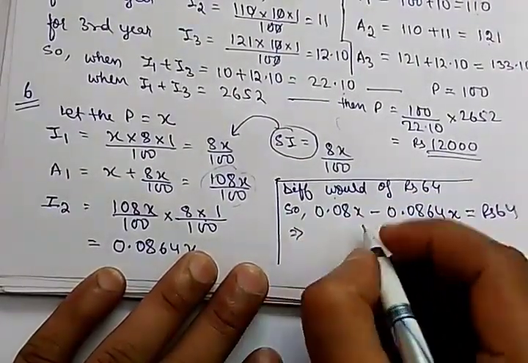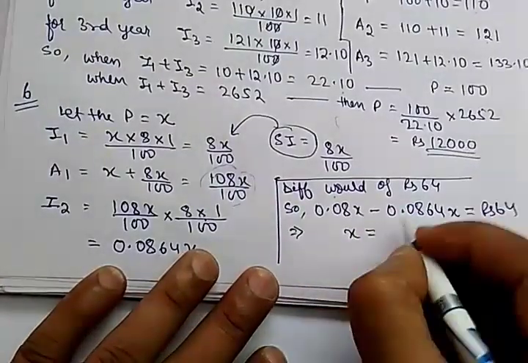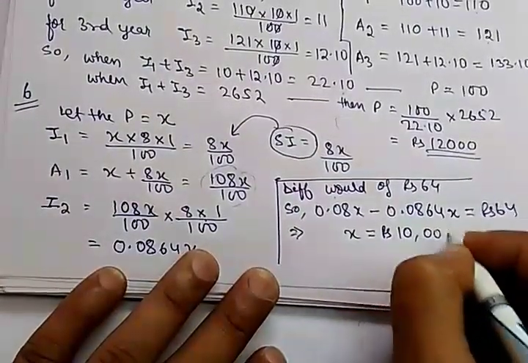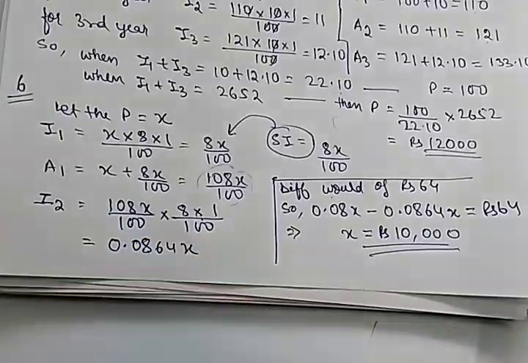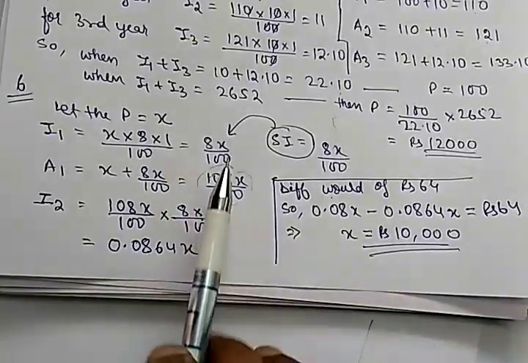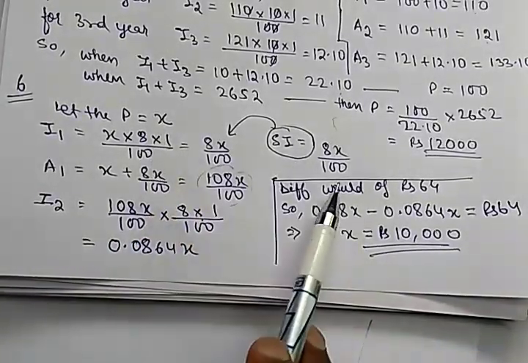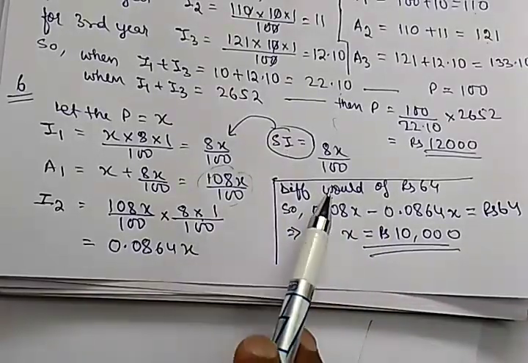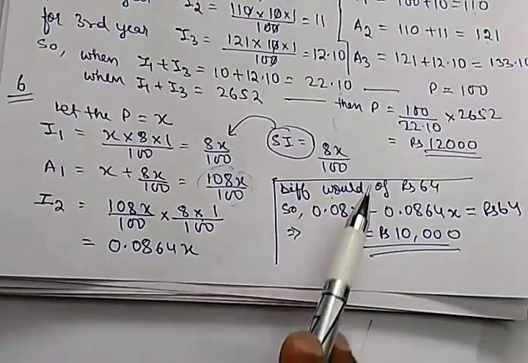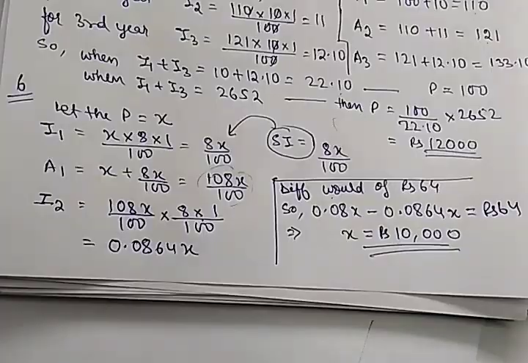And by solving this we are getting x is equal to rupees 10,000. So the principal was rupees 10,000, where the difference between the simple interest and the compound interest after 2 years will be equal to rupees 64.